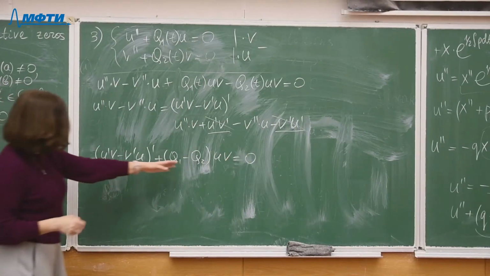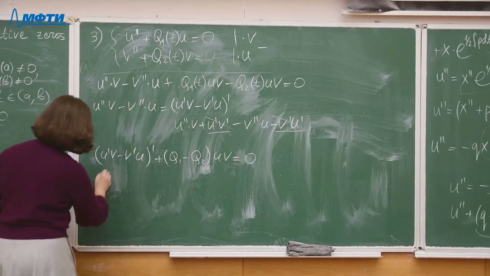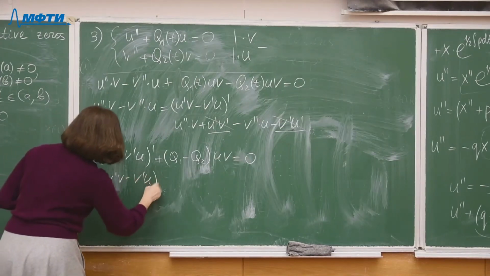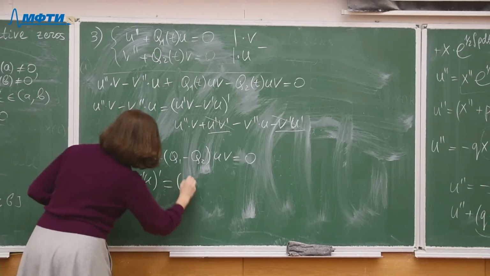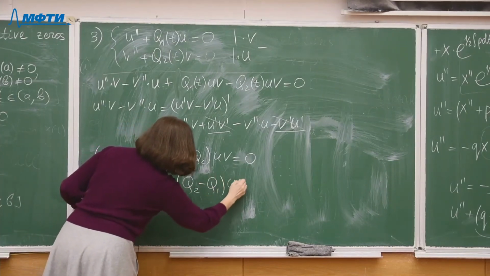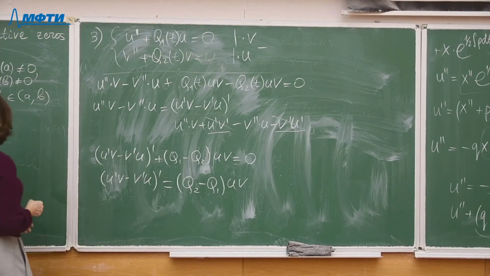Or if we move the second term to the right-hand side, we will get the following: u prime v minus v prime u prime equals q2 minus q1 times uv. Okay, so we have obtained this.